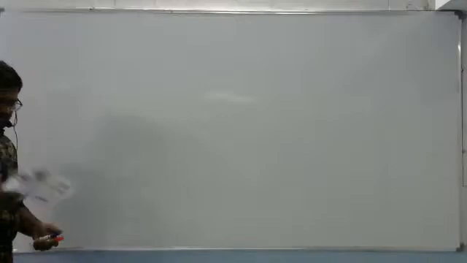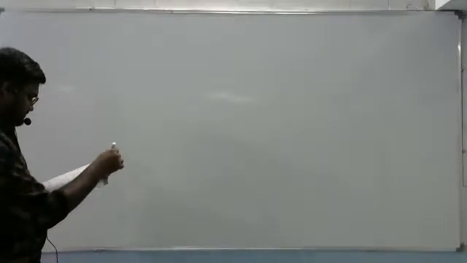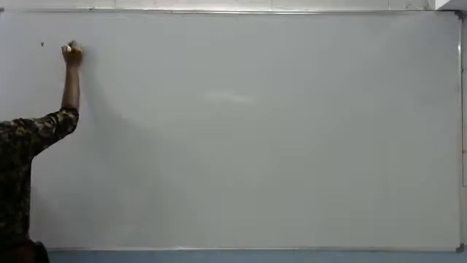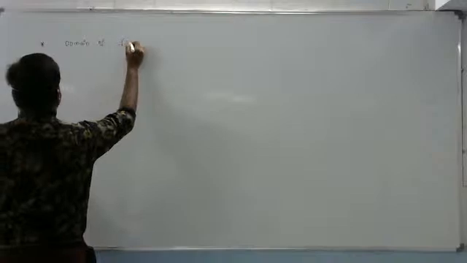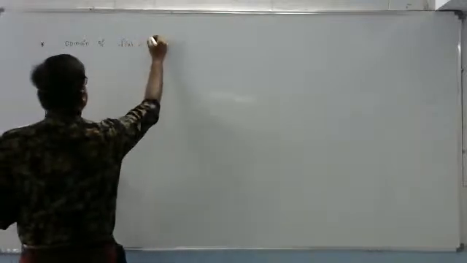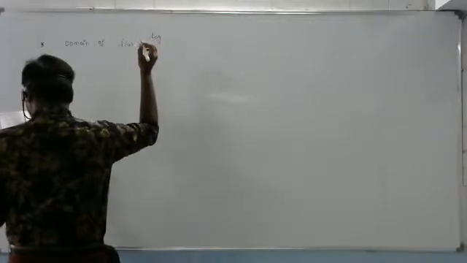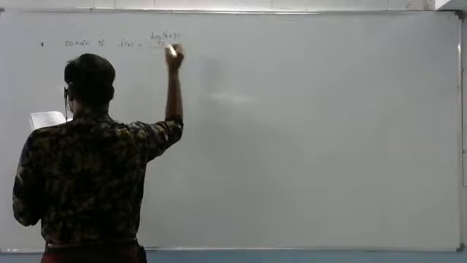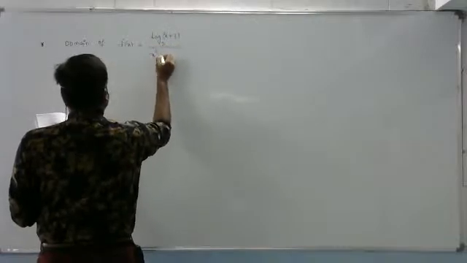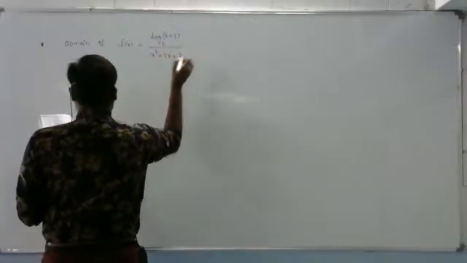For example, I'll show you one question, you will understand it clearly. Take down this question. Domain of f of x equal to log of x plus 3 base 2, divided by x square plus 3x plus 2.